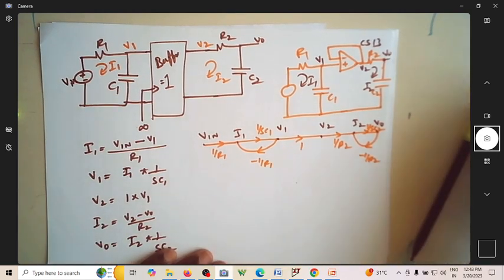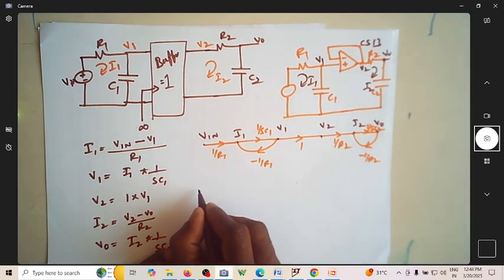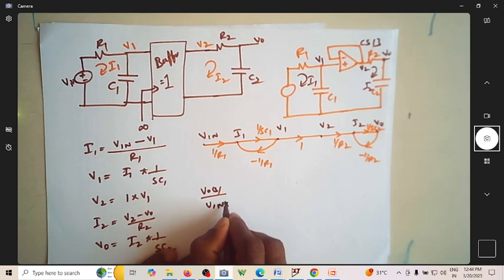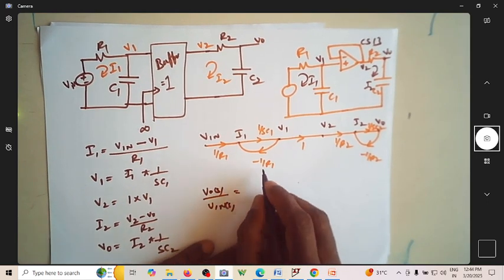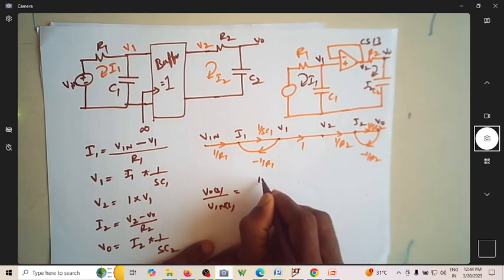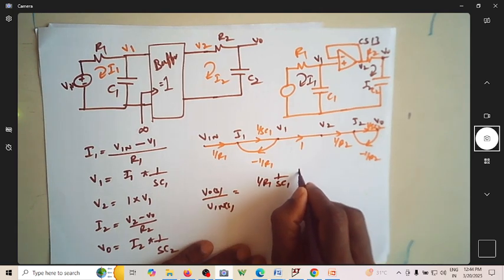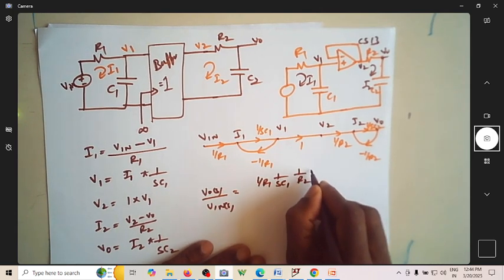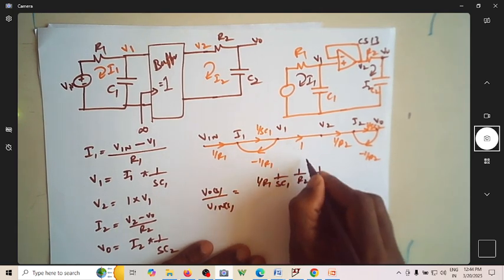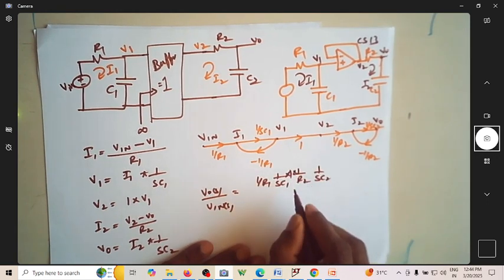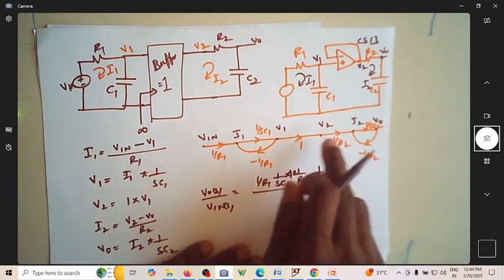Now write the gain, which is nothing but V naught of S by V in of S. What are the forward paths? It is 1 over R1 into 1 over SC1 into 1 over R2 into 1 over SC2, of course into 1 is there. This is divided by the loops. These are two loops.